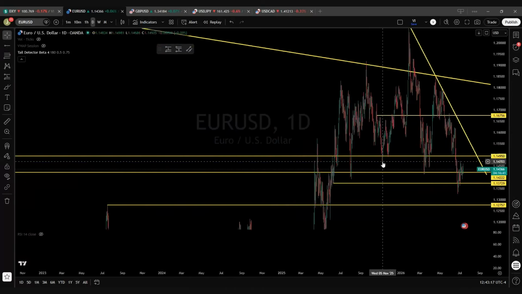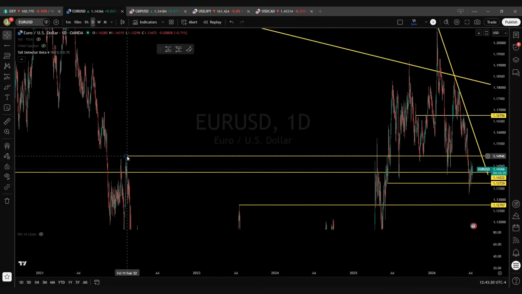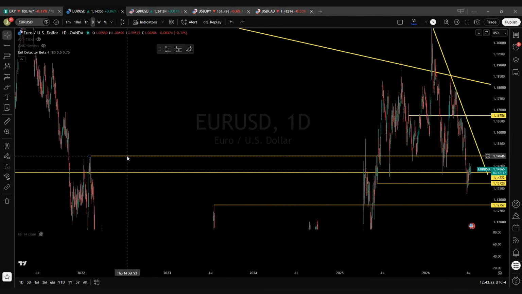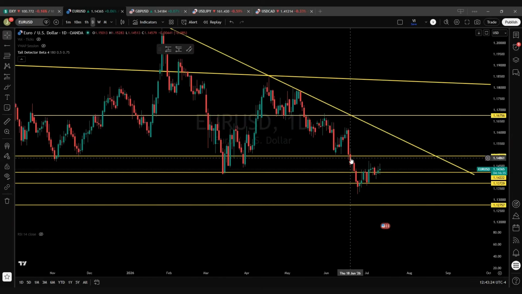To the upside, though, there's this pivot from February 11th, and price was able to get above it in June. As we see here in March, it was able to come above and broke below June, got back up, retraced, and broke below. So this is the first key resistance level at 1.14950.